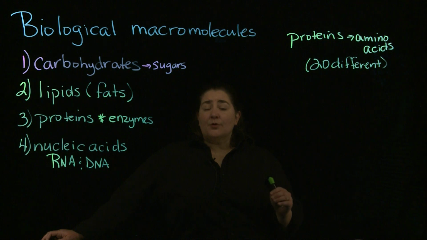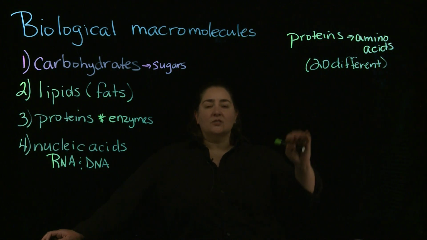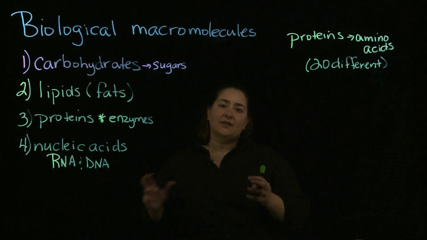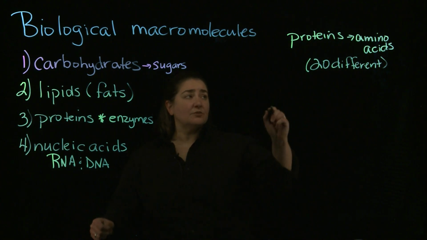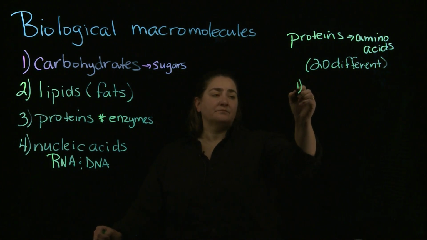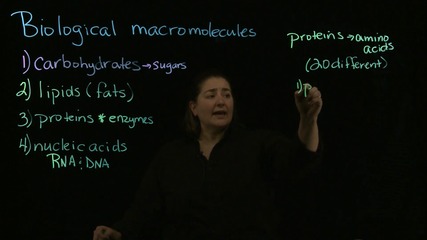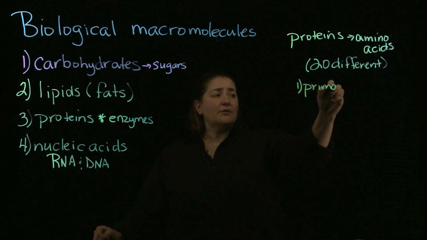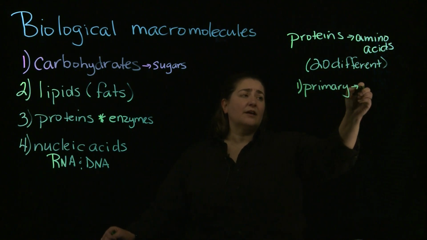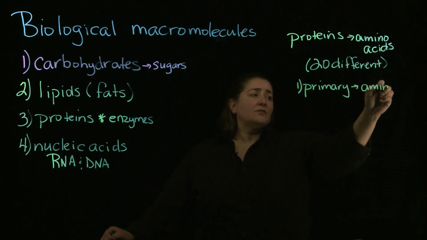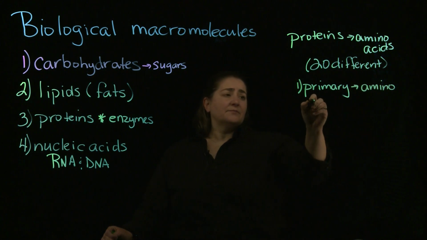And that's going to be important in terms of proteins overall and how they come together and how they fold, all right? Because in terms of those proteins, we have the primary structure associated with the amino acids, okay?